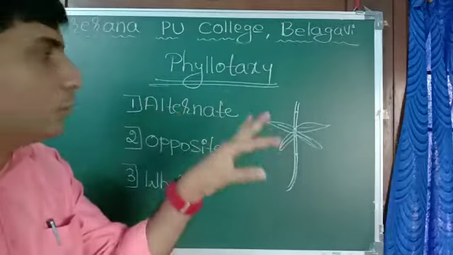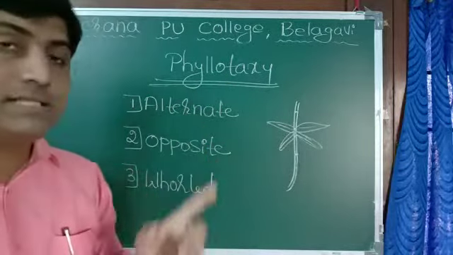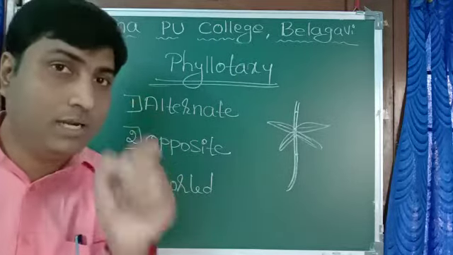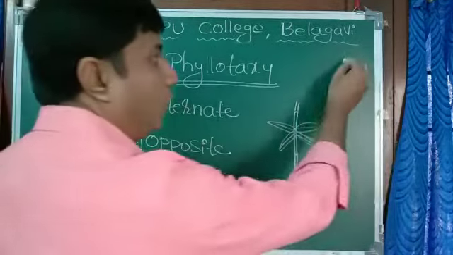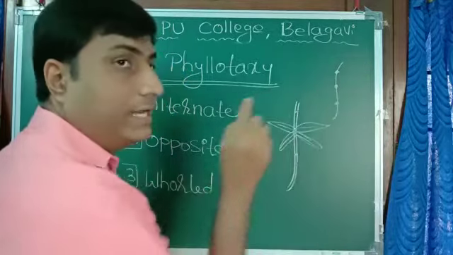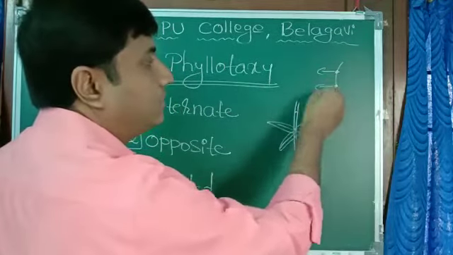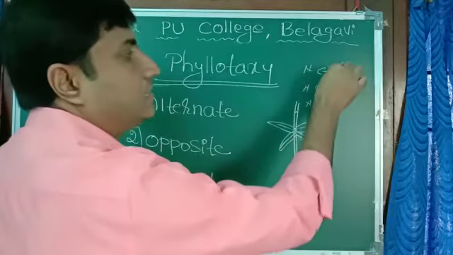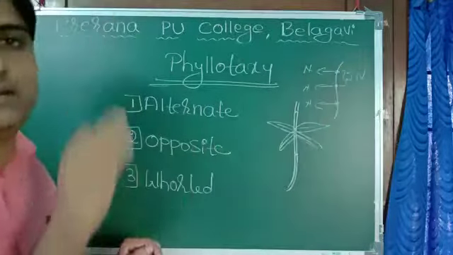So to conclude once again, phyllotaxy is the arrangement of leaves at the node on the stem. We should remember the stem always contains nodes. These are called nodes, from where the new leaf or the new branch arises. I'll write N. And the distance between two nodes is called the internode. I have written IN.